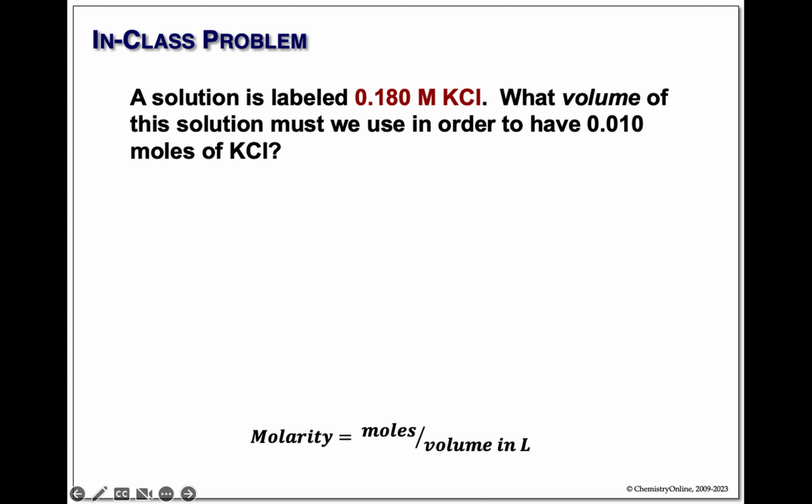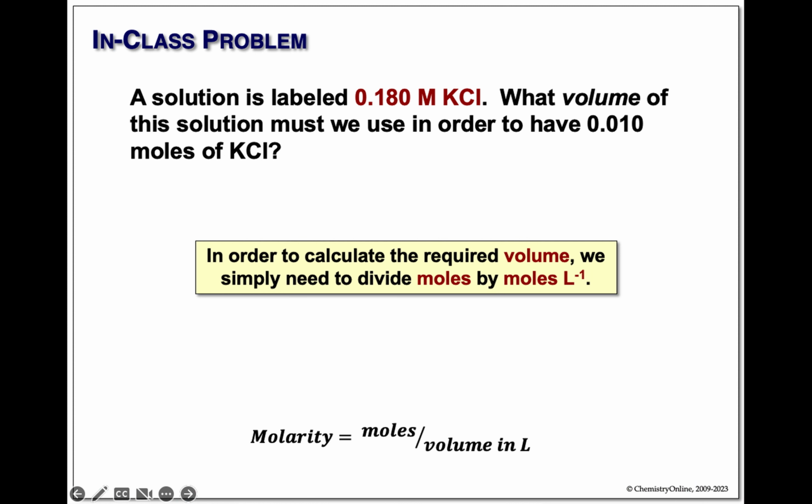Molarity is moles divided by volume. To get volume, we simply need to take moles and divide it by concentration. So, take our equation, rearrange it, and solve it for volume.